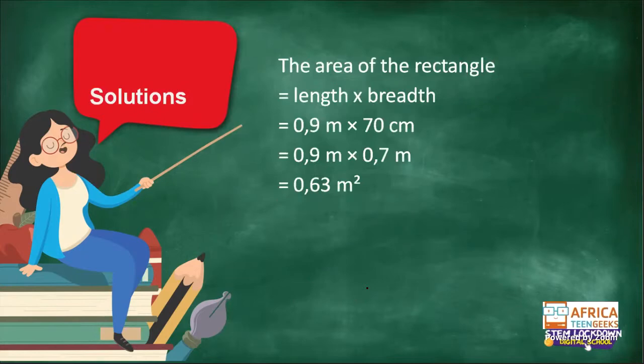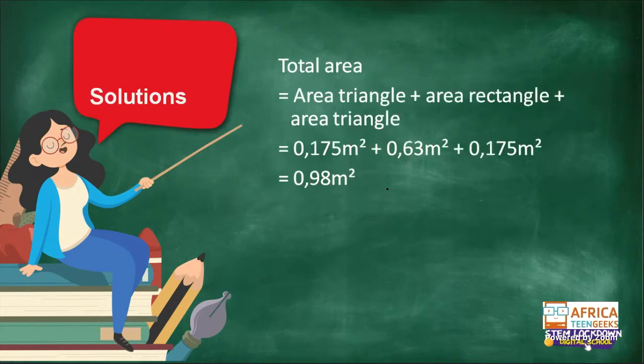And the area of the rectangle, again, length times breadth, 0.9 times 0.7. The answer is 0.63. Right? Then finally, the total area. Remember your shape is actually a trapezium shape, something like that.